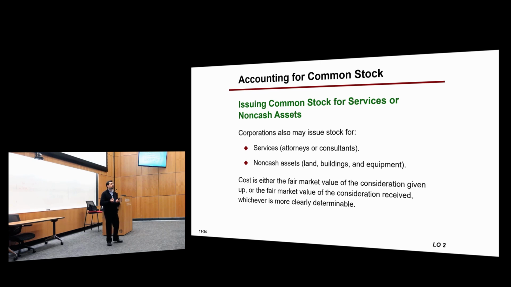So for example, again, if the company purchases a land and they issue stocks in return for that land, those are different scenarios where the company will basically have to see which value is easier to determine. And we'll see in a second how.